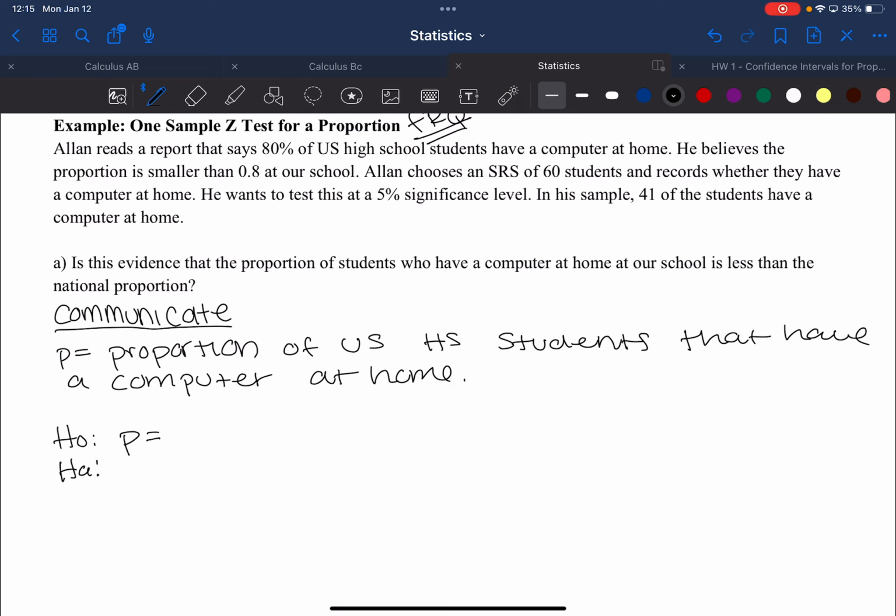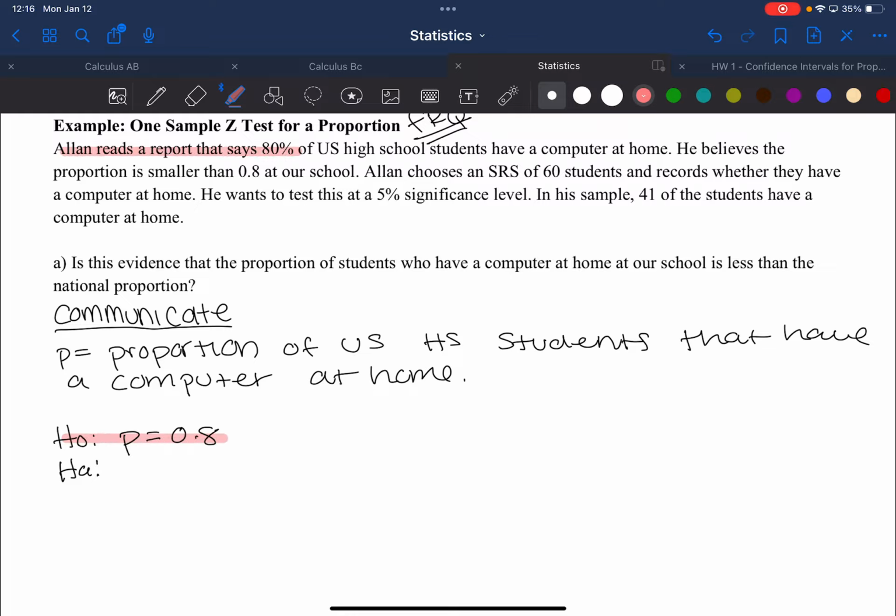So what's our original claim? 0.8. And where was that original claim found? Where in the problem? No, not quite. Where did Alan find this null hypothesis? In a report. This is the claimed.